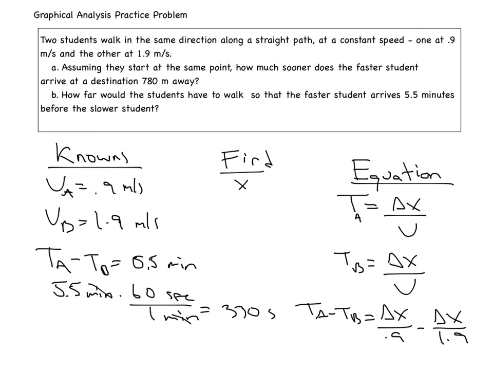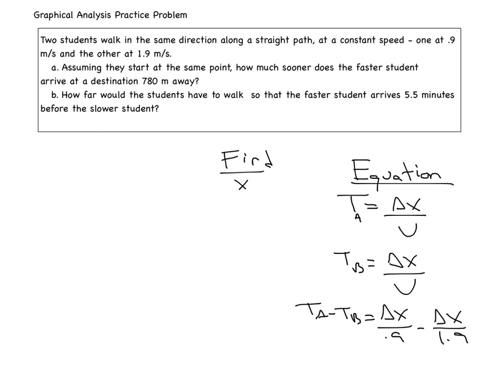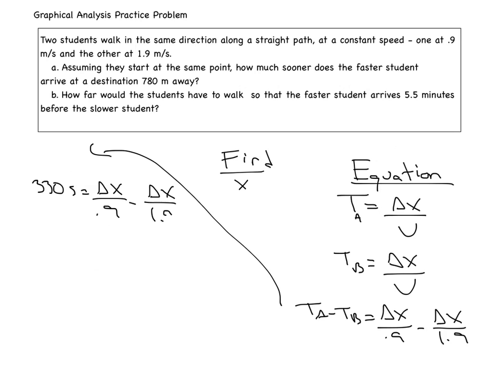So let me rewrite this over here. So now I say 330 seconds is equal to the difference in time. And we know this delta x is going to be the same for both. So now we have to solve this for delta x.